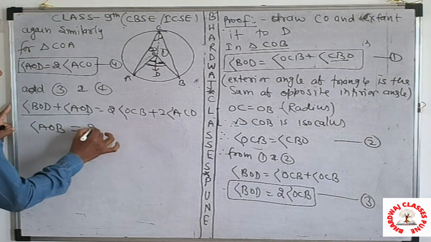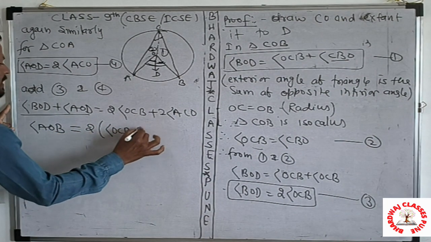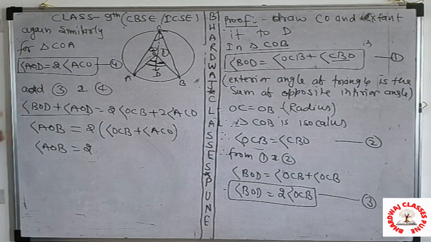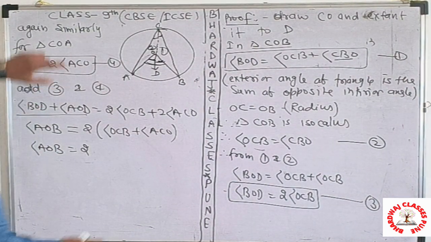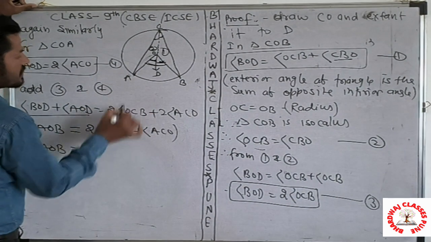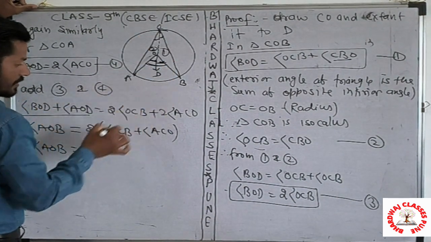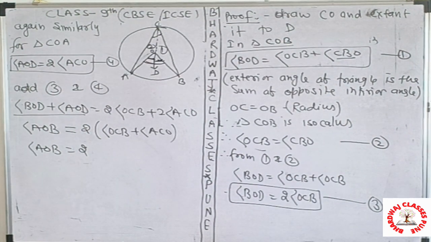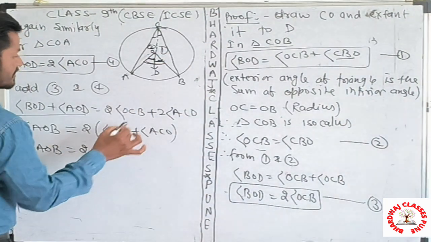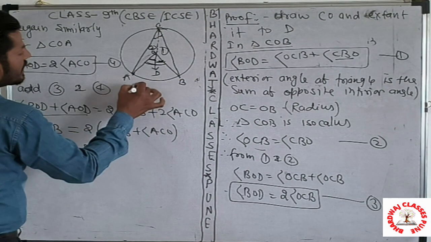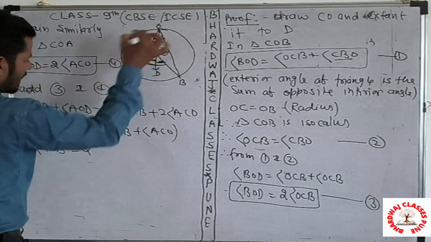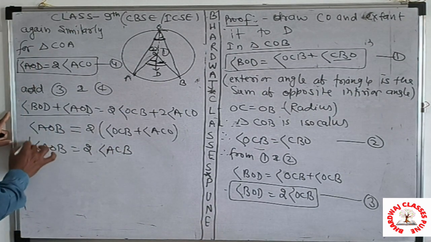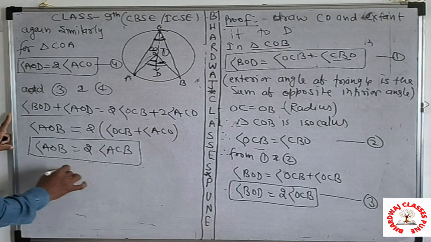So angle AOB is equal to twice of angle OCB plus angle ACO, and this whole angle is actually angle ACB, that you had to prove. Hence proved.